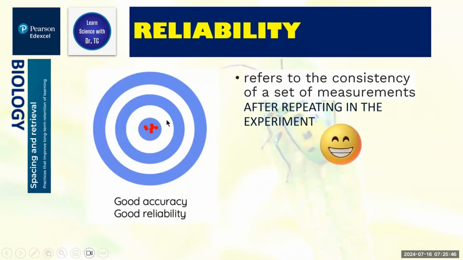So you can see in this diagram, good accuracy, good reliability. Accuracy is when our measured values are very close to true values. You can see all these red dots are very close to each other. That means they are very close to the true value, and we have done it several times and we say this is reliable because the experiment is repeated. So with a repeated experiment, as reliability is there, then we can draw a statistical conclusion.